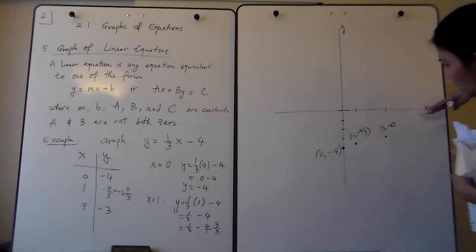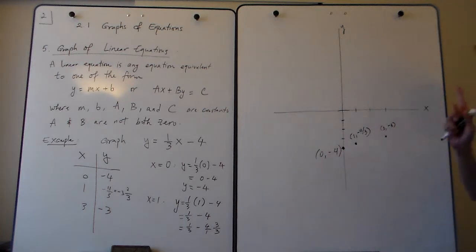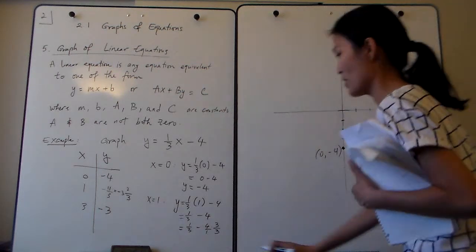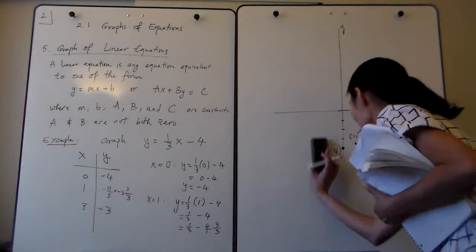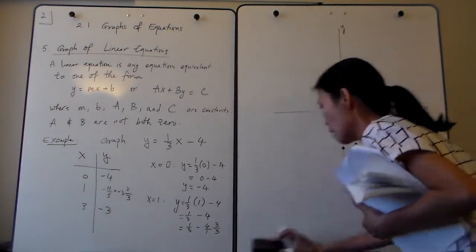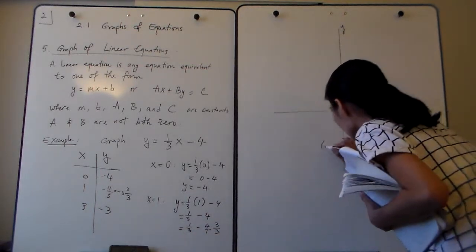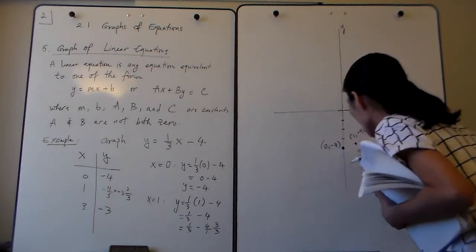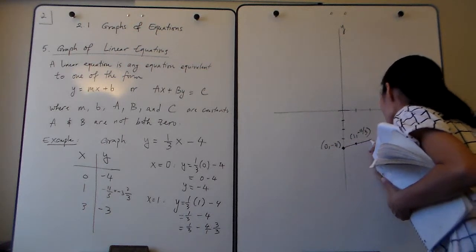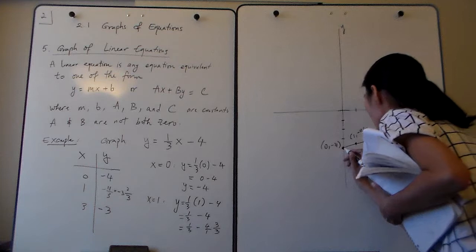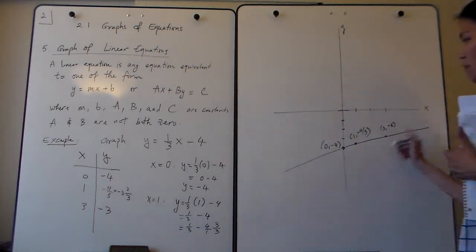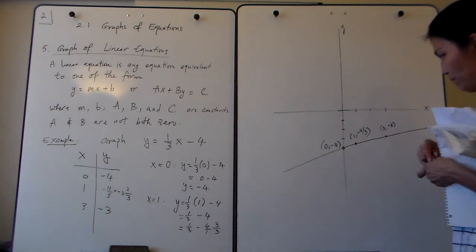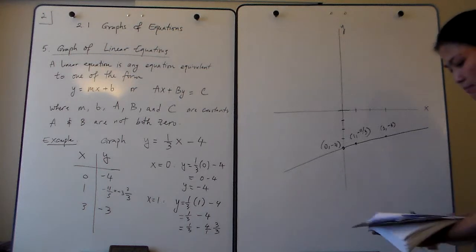If you draw one line that goes through these 3 points, it forms a line. So again, this point is in the way. Let me move it up a little bit. So connecting all of them, you will have an equation of a line. Okay?